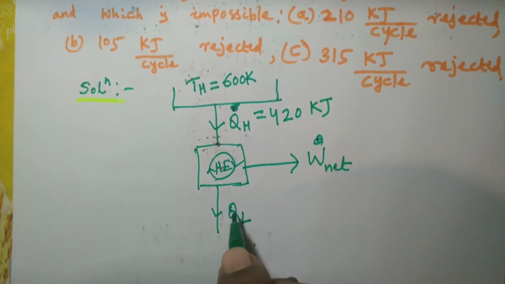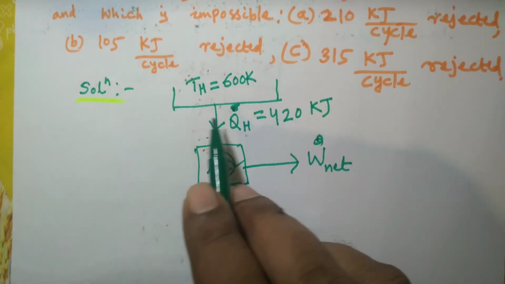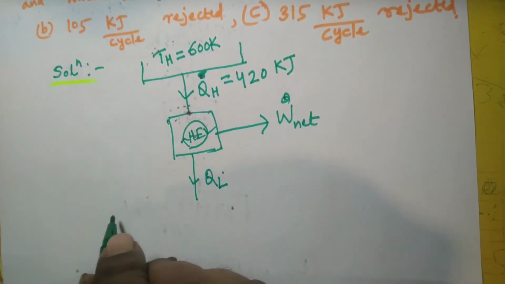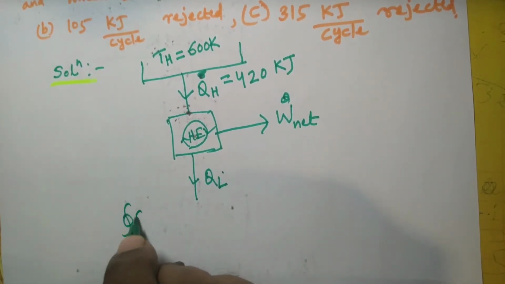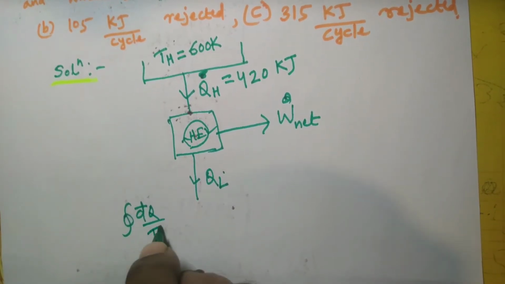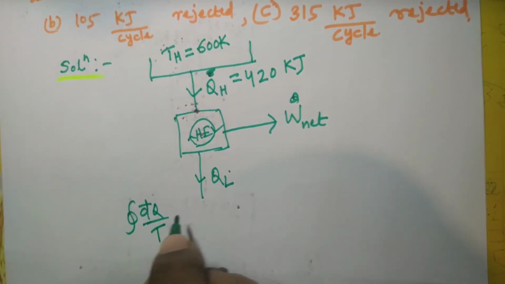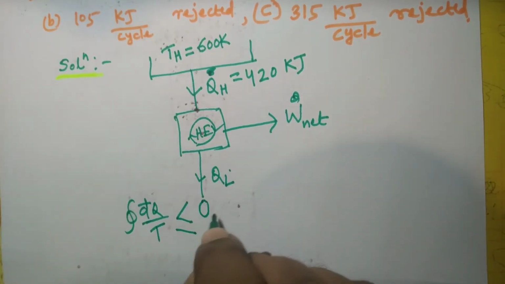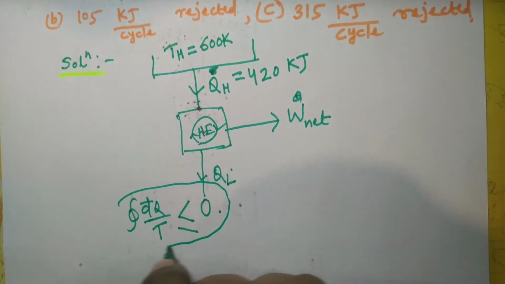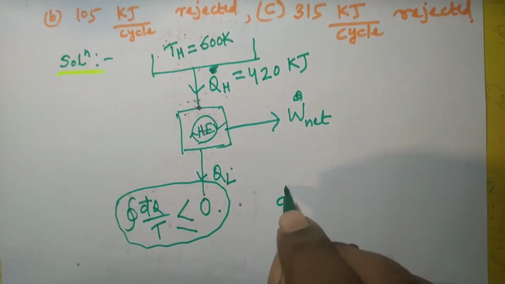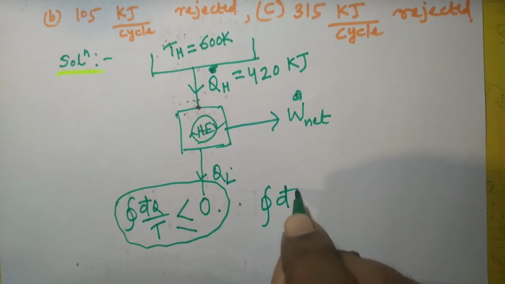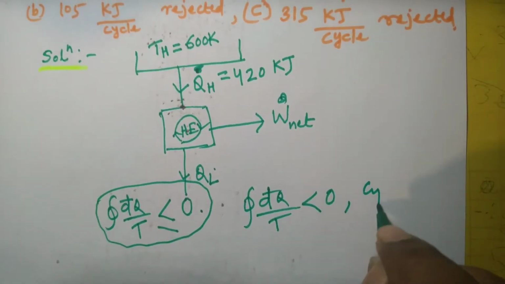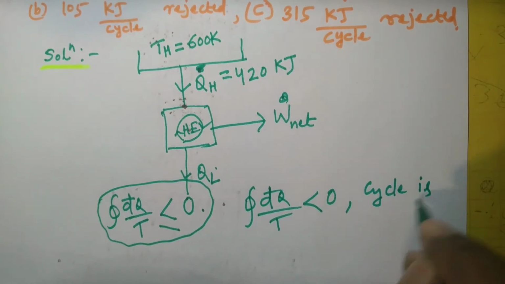So according to Q_L, the integral of del Q by T will be calculated. Clausius inequality says that the cyclic integral of d cut Q by T is going to be less than or equal to 0 for any cycle. If the cyclic integral of d cut Q by T is less than 0, the cycle is irreversible.